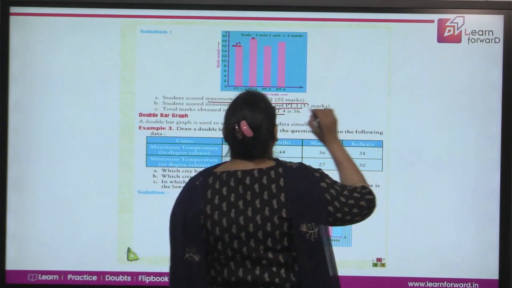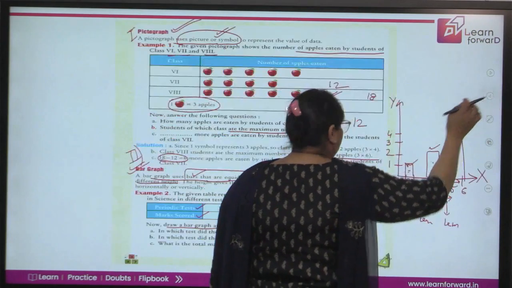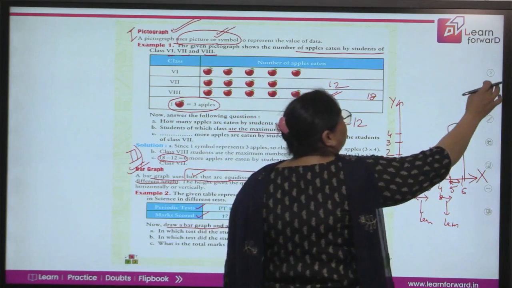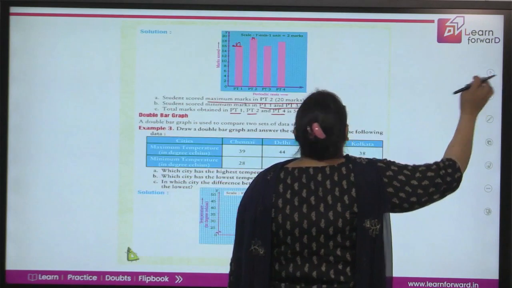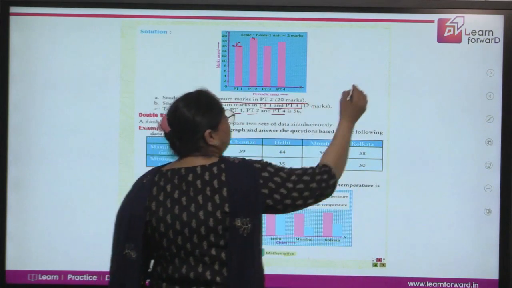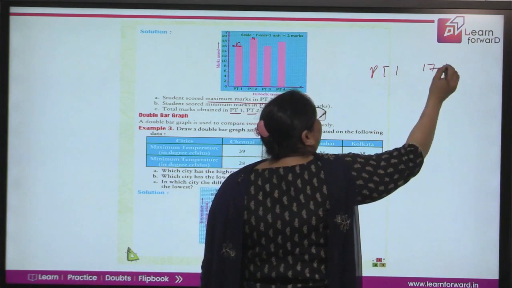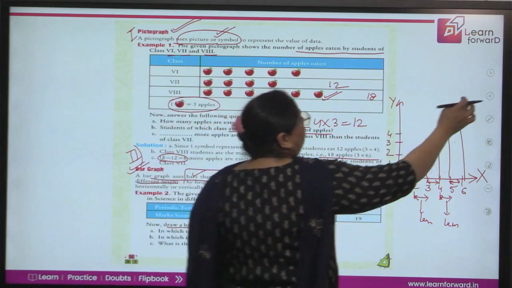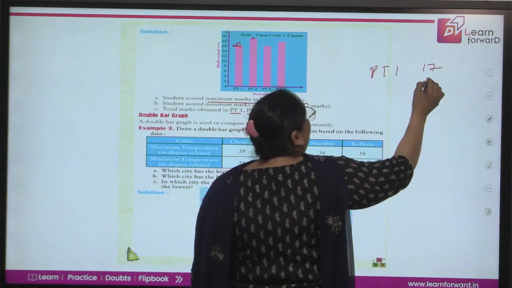Now, total marks obtained in PT1, PT2 and PT4. Marks in PT1 are 17. Marks in PT2 are 20.